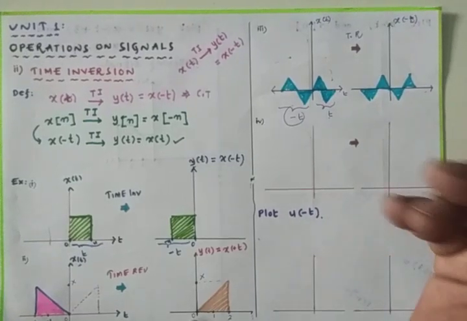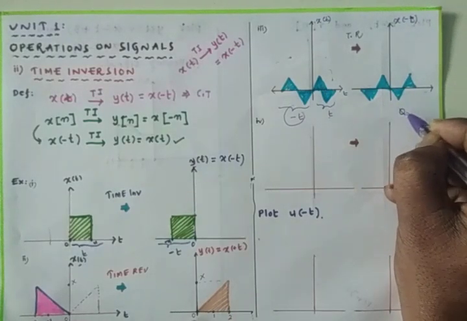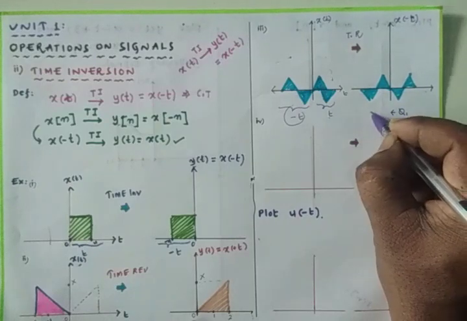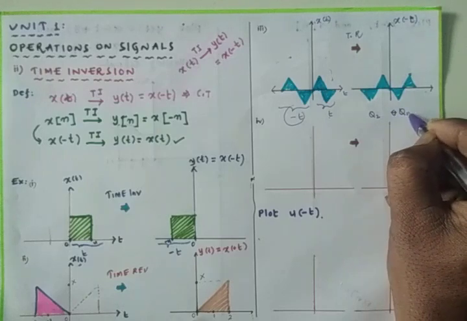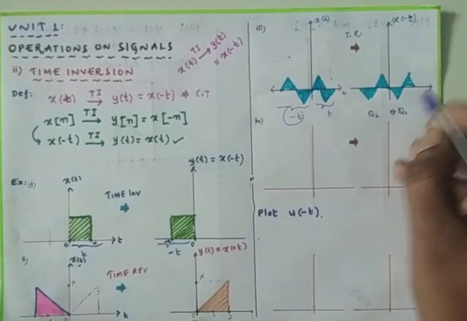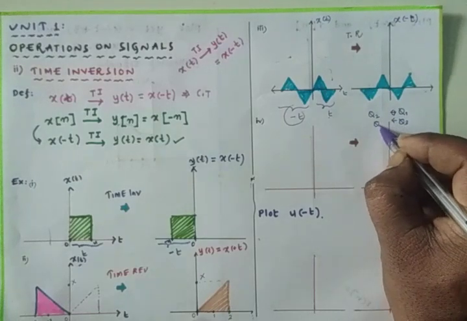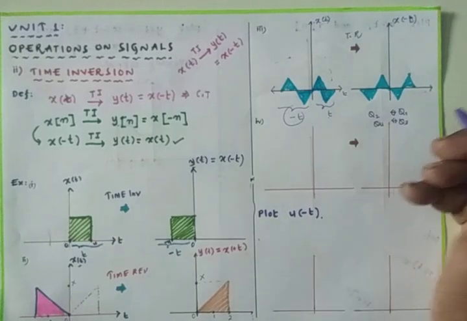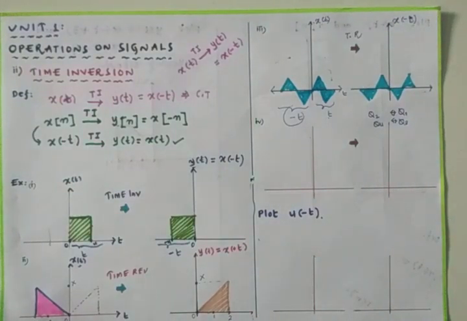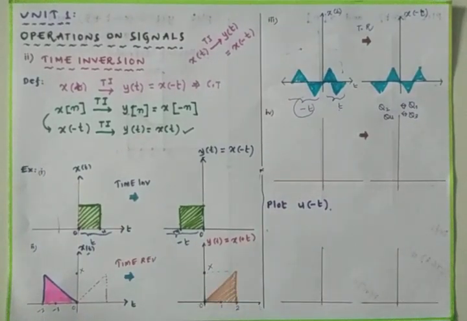The key point to remember is that if the signal is in the first quadrant, it will come into the second quadrant, and if it is in the second quadrant, it will come into the first quadrant. If the signal is in the third quadrant, it will come into the fourth quadrant, and if it is in the fourth quadrant, it will come into the third quadrant due to the time inversion operation.